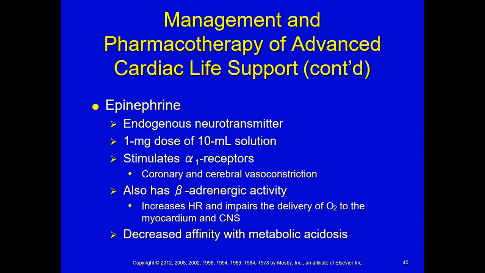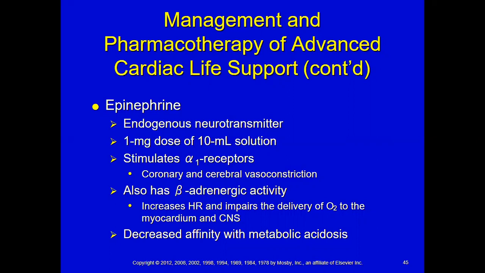It's going to stimulate the alpha-1 receptor, so basically coronary and cerebral, so your brain and your heart arteries, everything's going to constrict, okay? And then it has some beta-adrenergic activity. So when I hit those beta-1 receptors, it's going to try to increase the heart rate, okay? And so we're trying to get your heart going, trying to get the blood going, come on. If I've got a metabolic acidosis, epinephrine doesn't work as well.